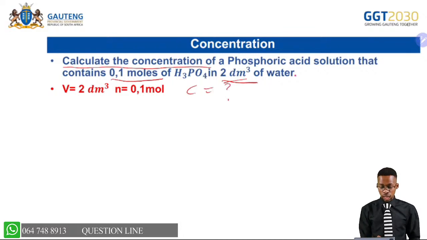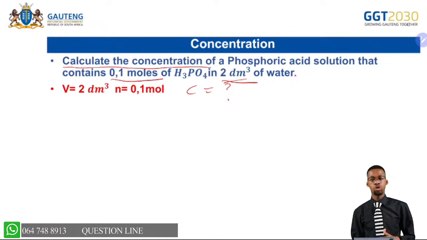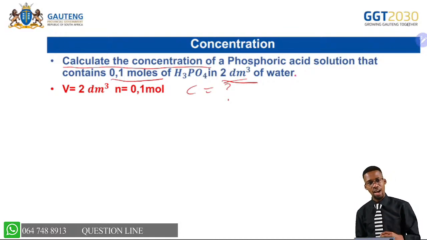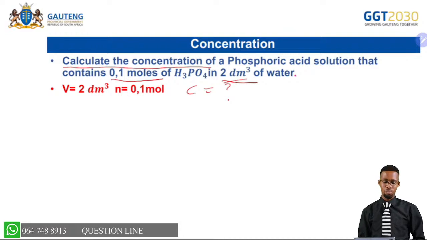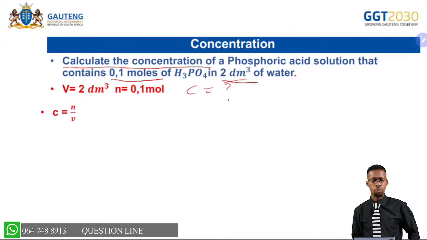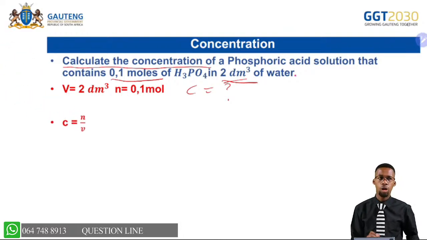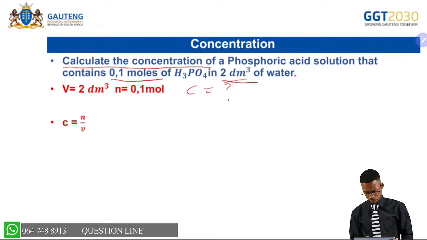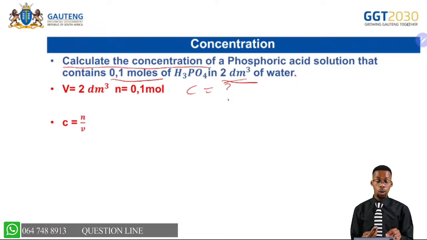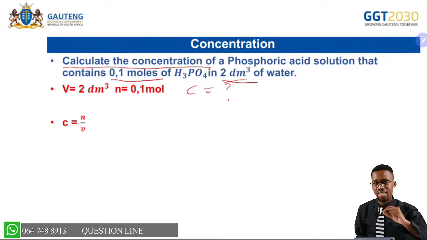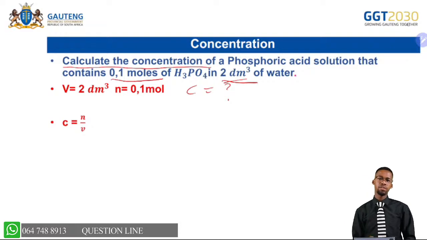So now these three things inform our equation. Concentration is equal to number of moles divided by what? By volume. So you express the formula. Concentration is equal to number of moles of phosphoric acid divided by volume. Now, you get 1 mark for this, provided that you are going to substitute.